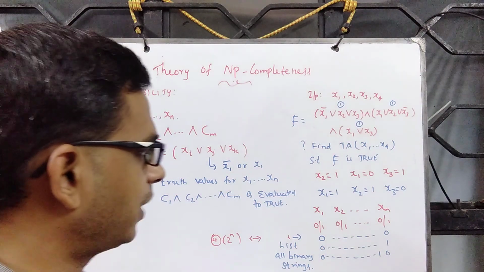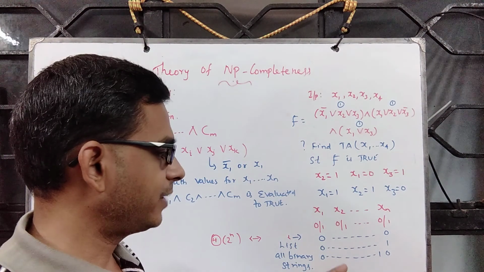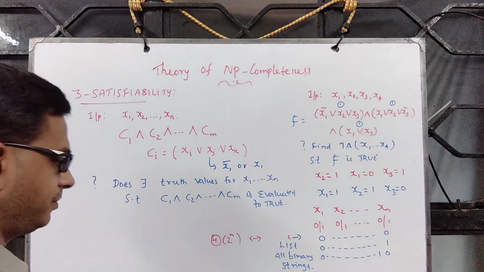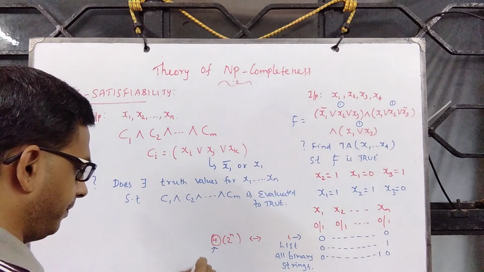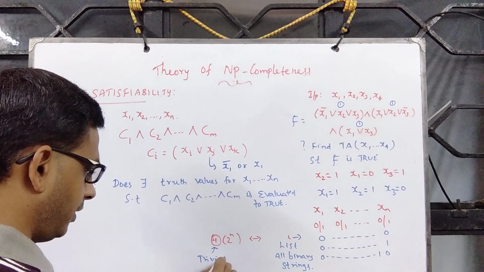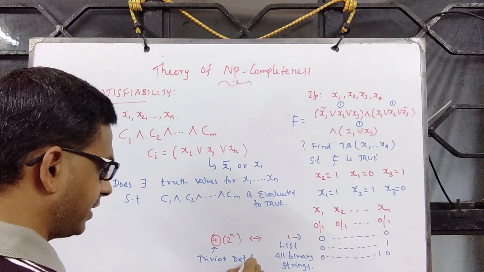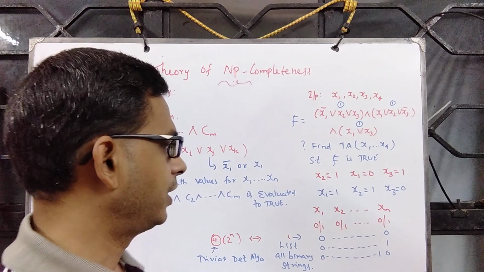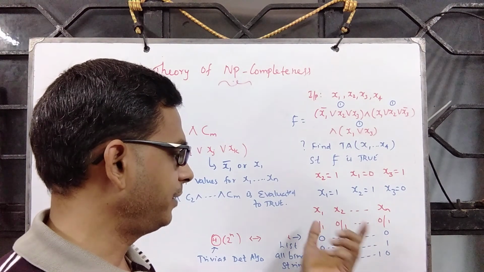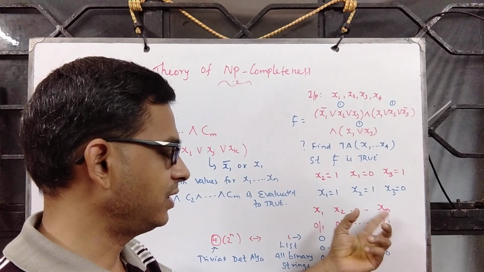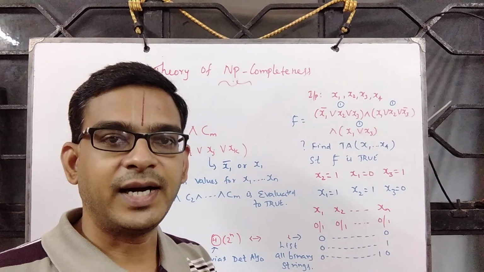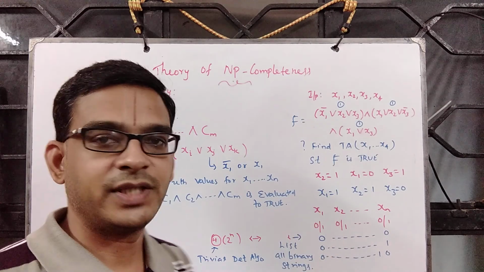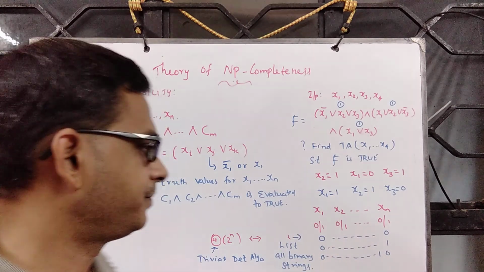So it means if you follow a trivial deterministic algorithm, it takes exponential time. A trivial deterministic algorithm takes exponential time to find a truth assignment for x1 to xn, and on plugging that into the formula f, one can check whether the formula is evaluated to true or not.